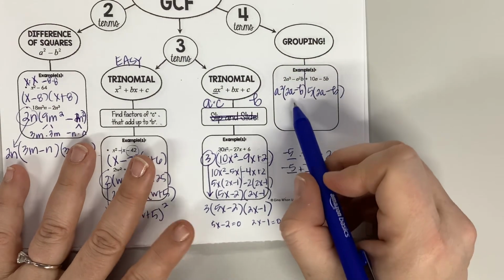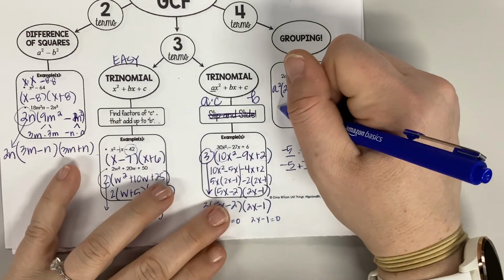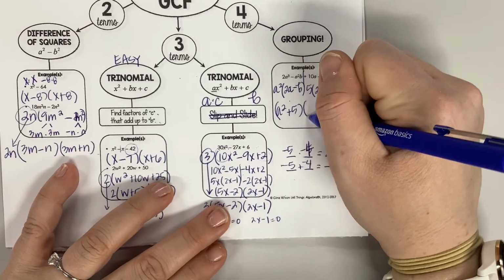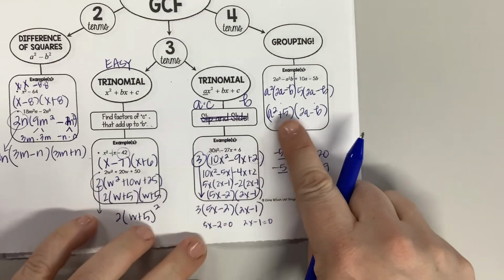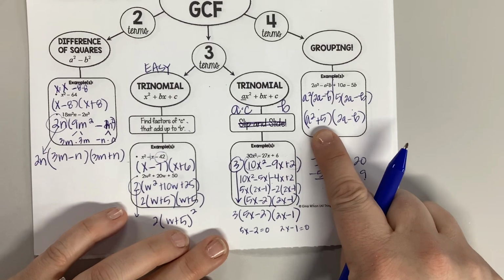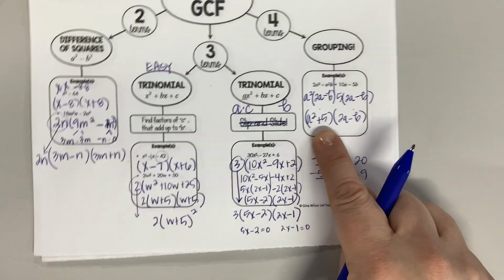The goal is, remember, that your leftovers match. That's the end game. A squared plus 5, 2a minus b. Now, if this was potentially a subtraction problem and perfect, you might be able to continue factoring, but we can't.